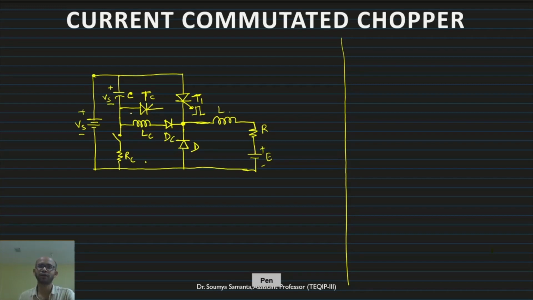LC and DC position has changed, and there is a reverse direction. In addition, the thyristor will be connected here, and this part will be connected here. Now if I redraw it, I can draw it like this.